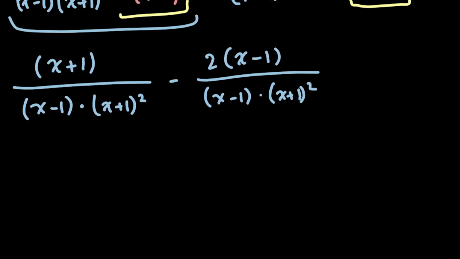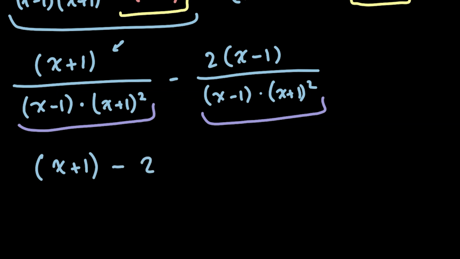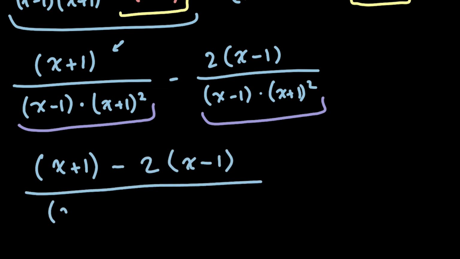As you can notice here and here, the denominators are the same, so we can just use the second property. So we'll just take this part here, x plus 1 minus 2 times x minus 1, over x minus 1 multiplied by x plus 1 squared.